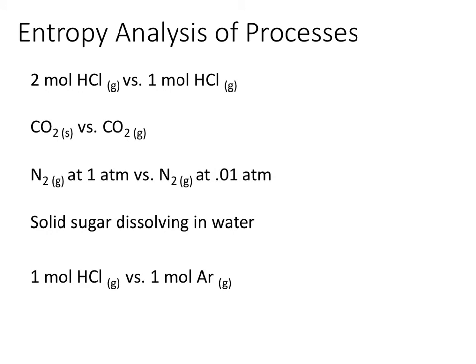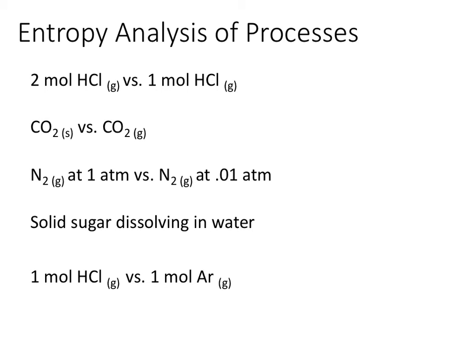Okay, we're going to go ahead and look at the relative entropy associated with each of the examples and basically determine which one has the most entropy. Okay, so first example here, we have 2 moles of gaseous HCl versus 1 mole of gaseous HCl. Okay, so basically in this case, the only difference between the 2 examples is the quantity of the substance. Okay, so in this case, remember, entropy is going to be related to the number of arrangements.